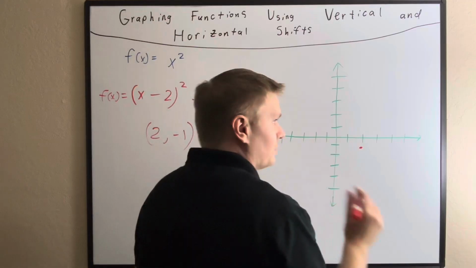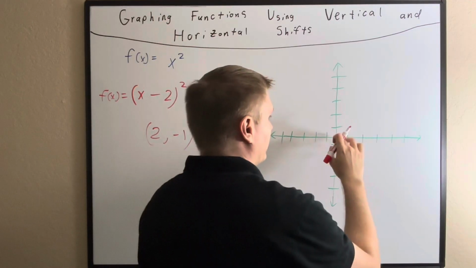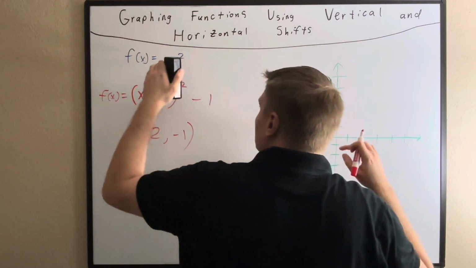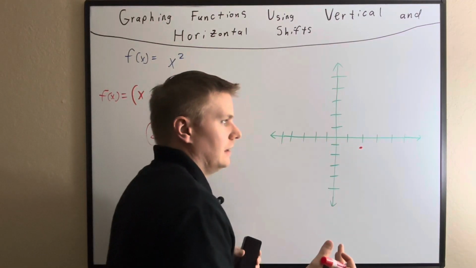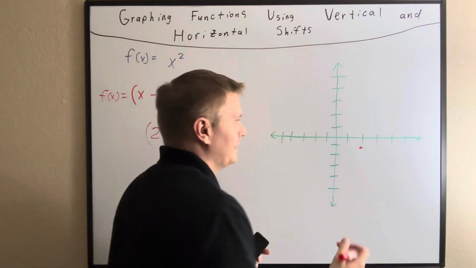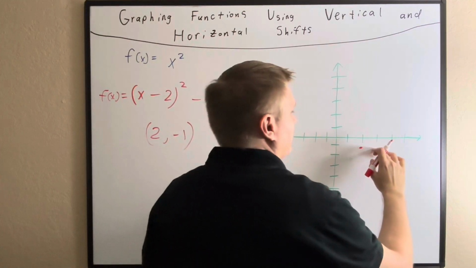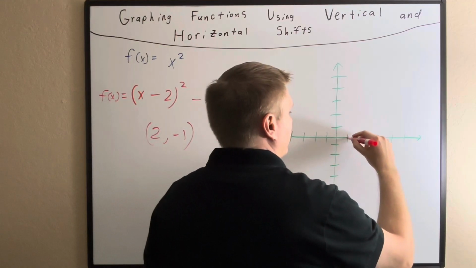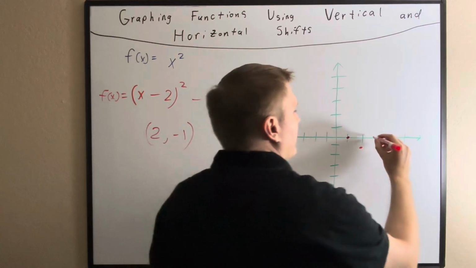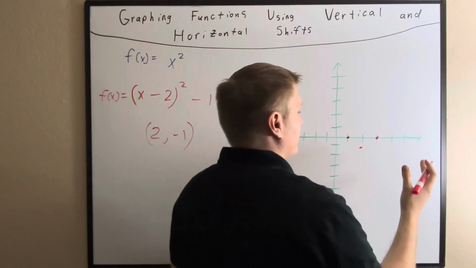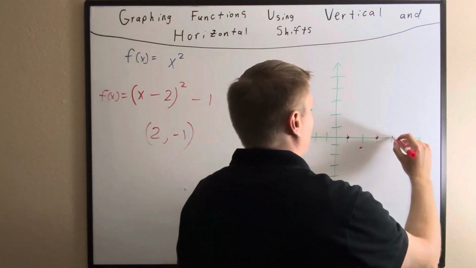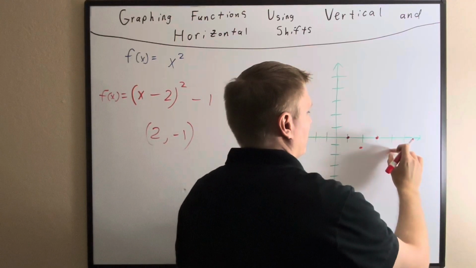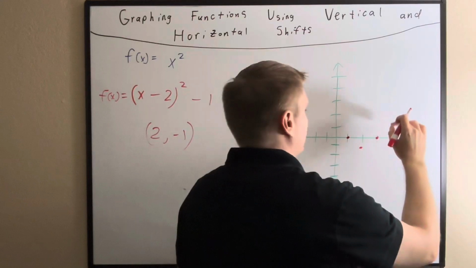No, we got to make sure it's right. Well, for any parabola, 1 squared would be what? 1. So over 1 up 1, over 1 up 1. 2 squared would be 4. So over another 1 up 3, right?